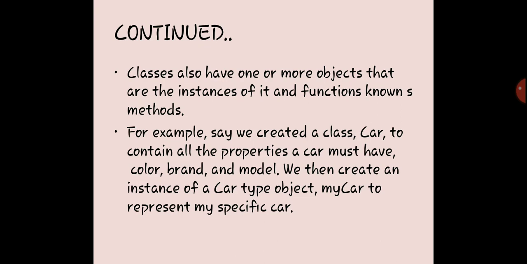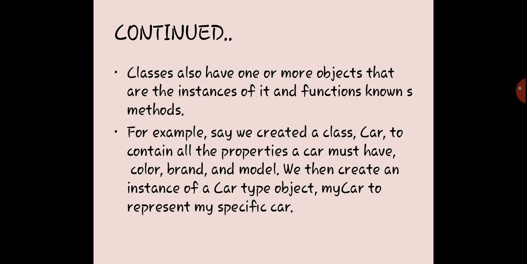So how can a class be used? For example, if we have a class like car, the car class can have properties like the color of the car, the brand of the car, the model of the car, everything, right? These are known as properties.